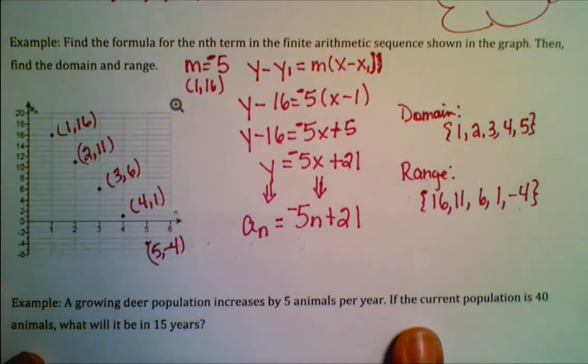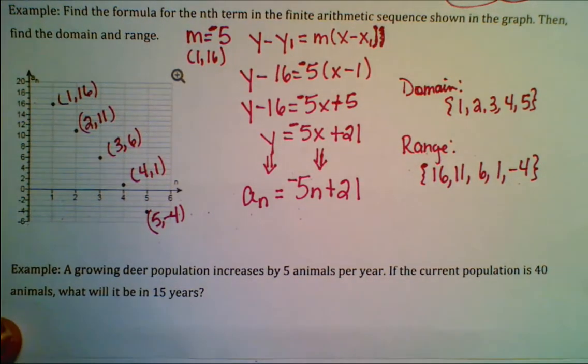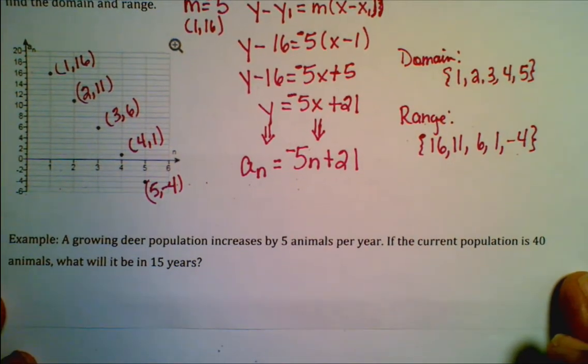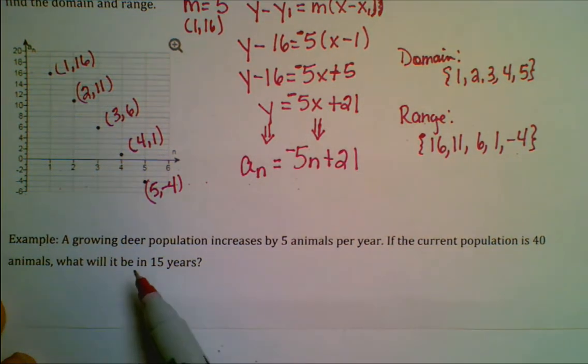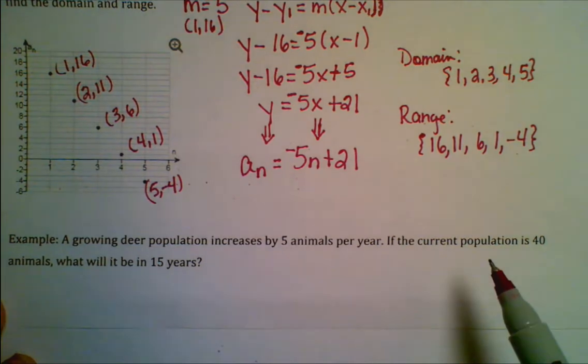And then the last example we have here says a growing deer population increases by 5 animals per year. If the current population is 40 animals, what will it be in 15 years?